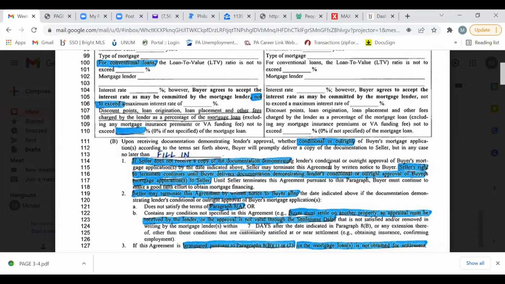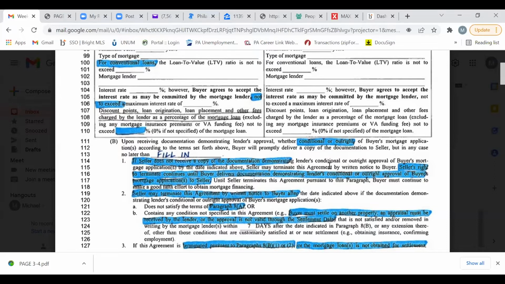Until the seller terminates this agreement pursuant to this paragraph, buyer must continue to make good faith efforts to obtain mortgage financing. So once that date comes and the buyer does not give you any kind of letter stating their approval, the seller can back out of the deal and go to the next one.